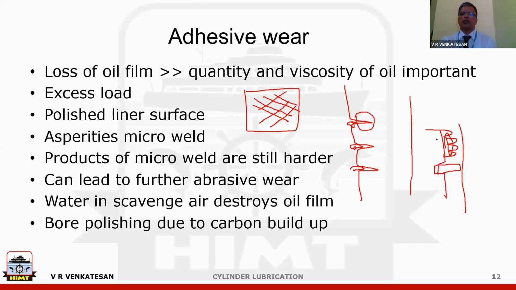This area is called the top land, and if carbon builds up here, as the piston moves down, it will rub against the liner and prevent the lube oil from staying there. That is called bore polishing due to carbon buildup. So there are different kinds of surface polishing which take place in the liner, and all of them lead to increased adhesive wear.